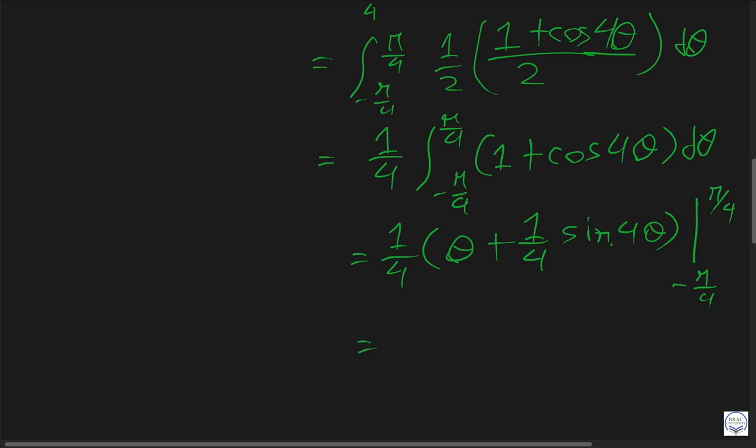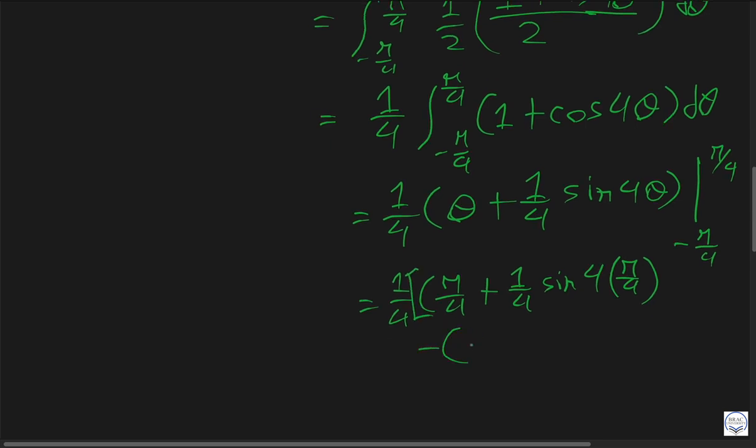Then once we substitute this in, it's pi by 4 plus 1/4 sine 4 into pi by 4. And then we have to subtract minus pi by 4 and plus 1/4 sine minus pi by 4 times 4.